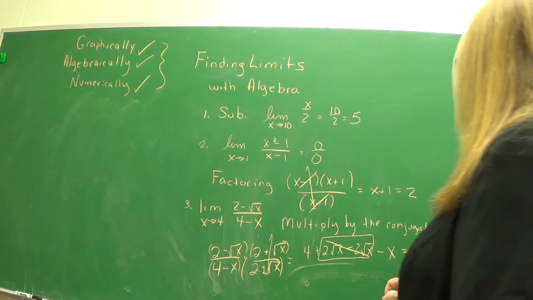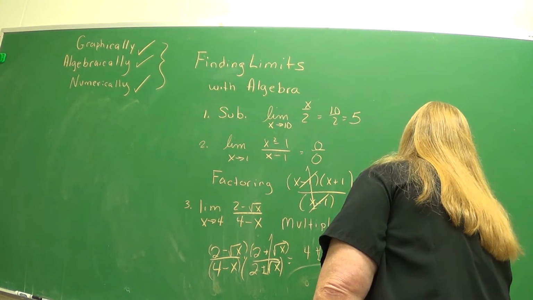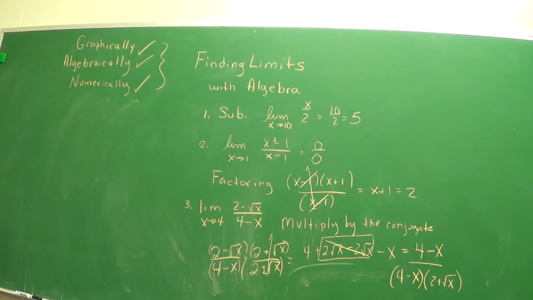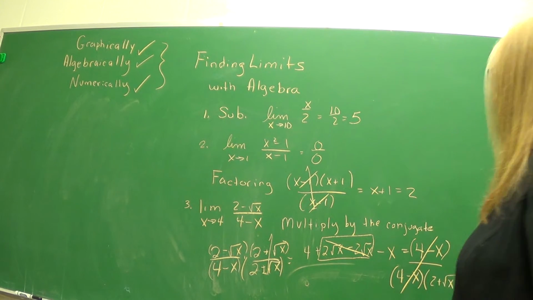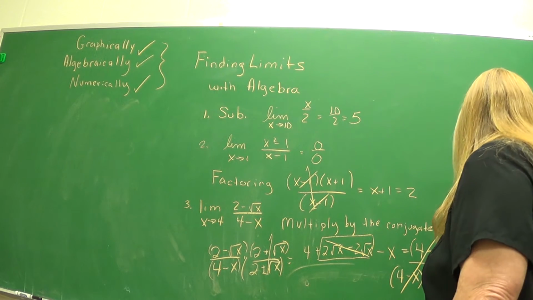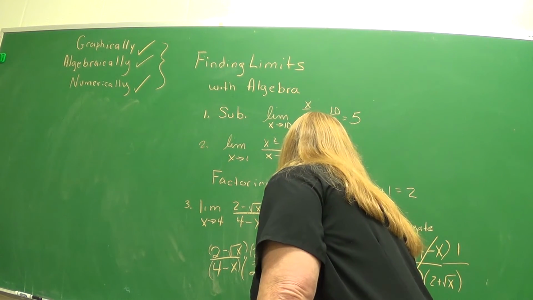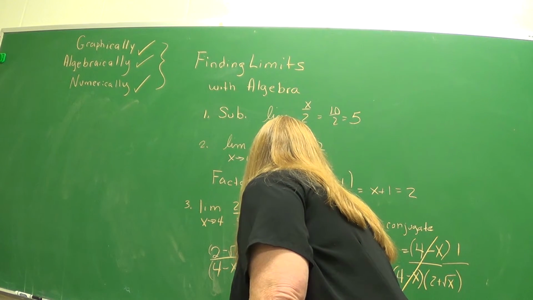So I'm going to leave it factored, and if I had stood back and looked at this, I would have known. Notice what happens when I leave it factored. Here we have the factor in the top and a like factor in the bottom. And so it becomes a big fat 1, and we end up with 1 over 2 plus the square root of x. So what's the limit of that as x approaches 4?